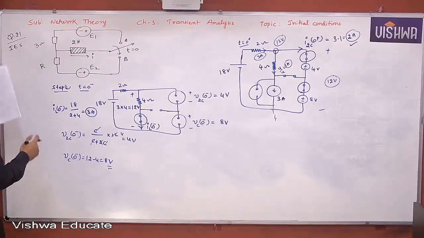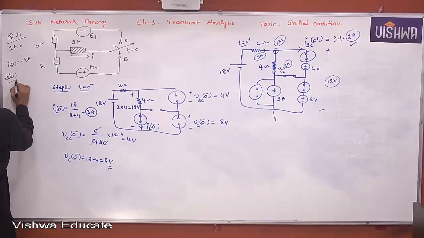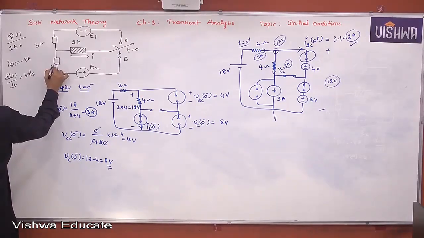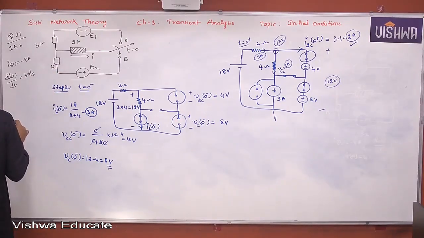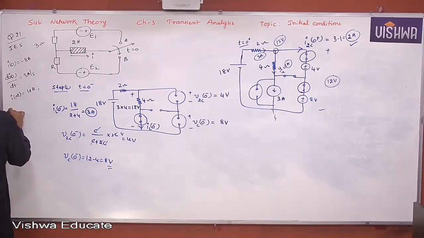Given data: I of 0 is minus 8 ampere, di of 0 by dt is 3 amperes per second. I of infinity is given as 4 amperes. Then the question is, capital R is how much?